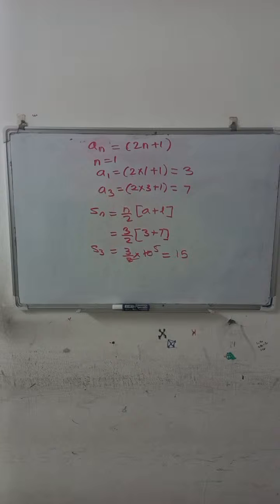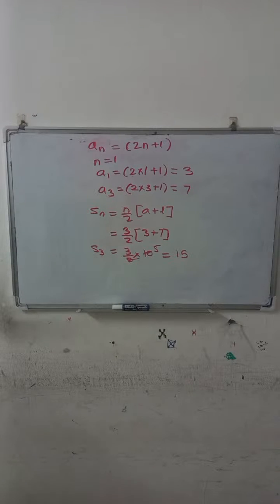Okay, I'll repeat this. If the first term of an AP is minus 5 and the common difference is 2, find the sum of first 6 terms.